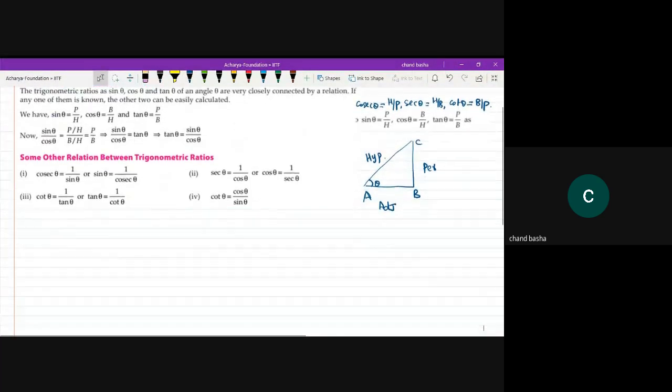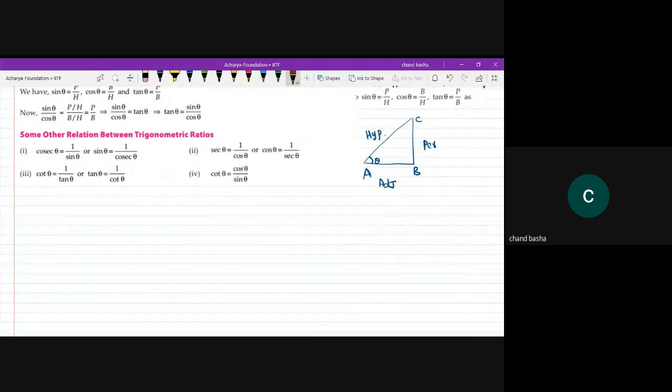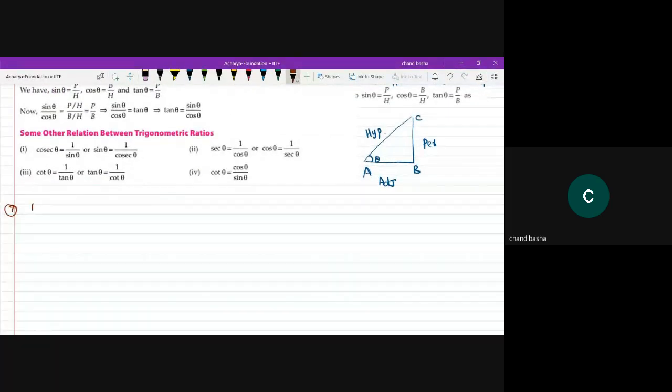By Pythagoras theorem, point number 7, what does the Pythagoras theorem say? The sum of the squares of the two sides is equal to the hypotenuse square. H square is equal to B square plus P square. AC square is equal to AB square plus BC square.